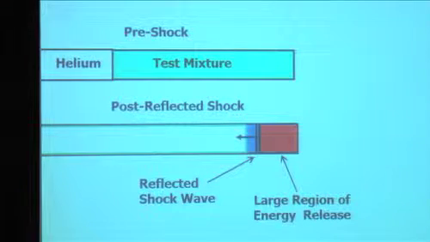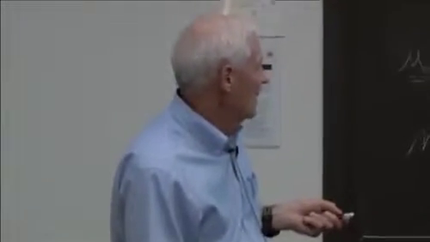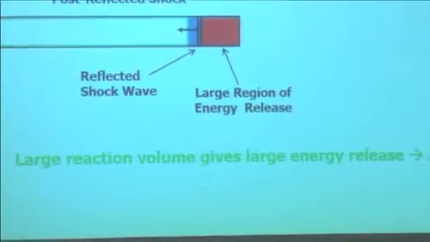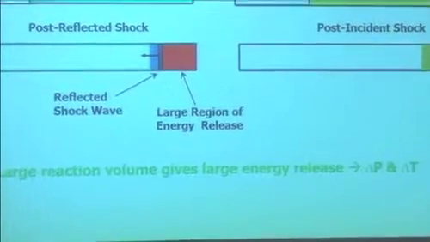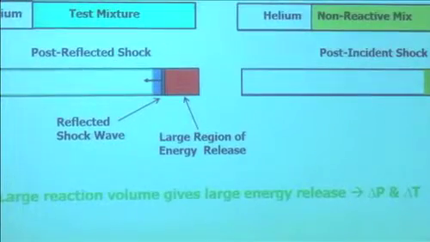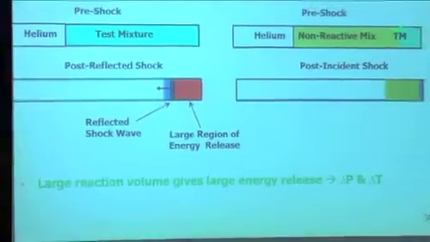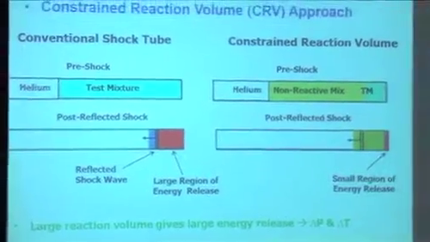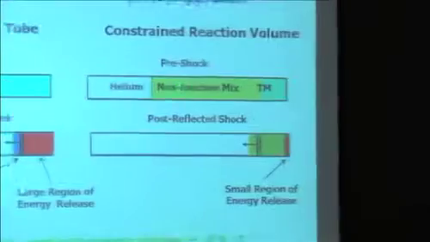Everything in there is reacting. And that large reaction volume is what gives us the energy release and a change in pressure and hence a change in temperature. Let's constrain the reaction volume. Let's not fill the whole tube. Let's only fill the end. Now, reflected shock comes back, it's processing all this other stuff.